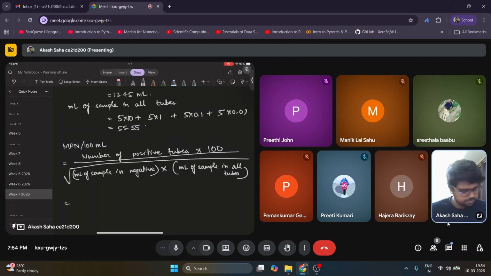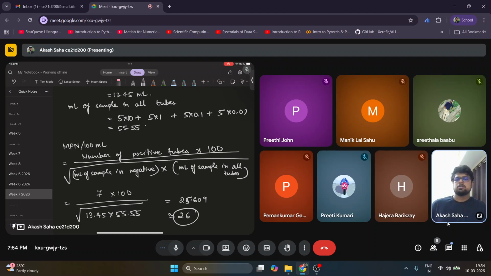It will be 7 into 100 divided by root over 13.45 into 55.55. So you'll get around 25.609 or 26, you can say. So 26 per 100 ml. Okay.